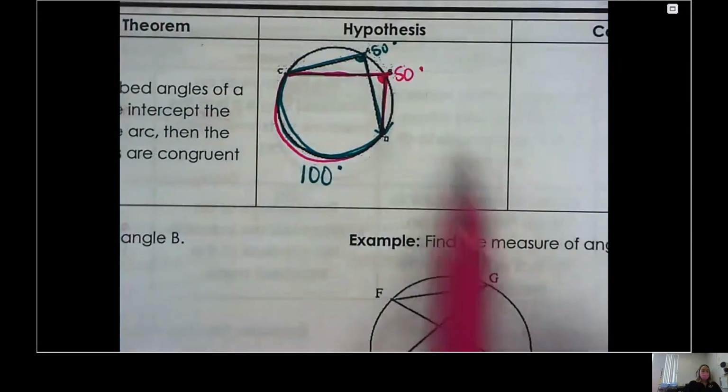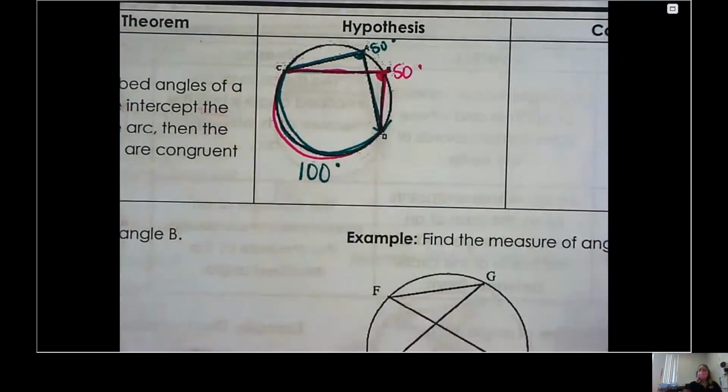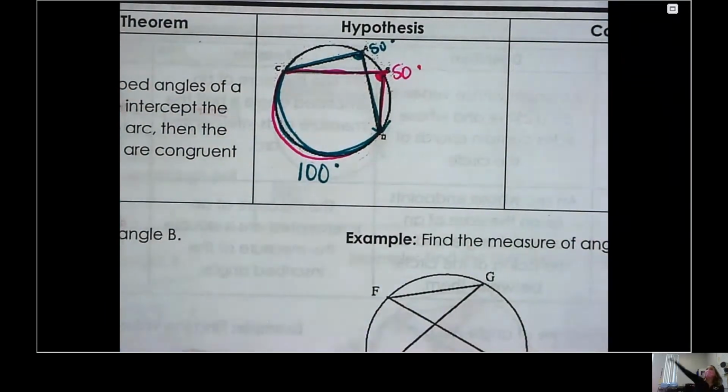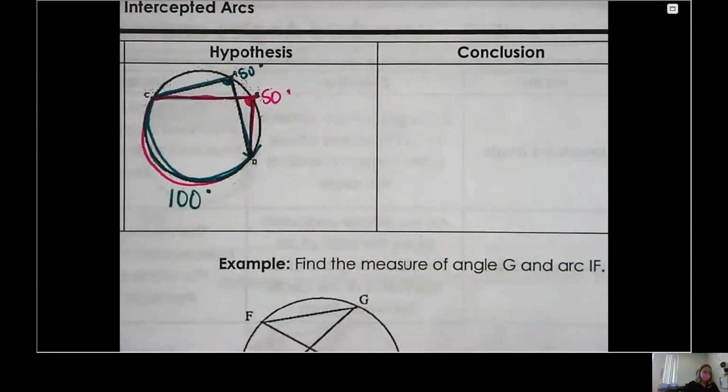Right? So if they're both matching up with the same arc, well, then they have to be exactly the same. And look, a circle is exactly the same all the way around. It's equidistant. So it doesn't matter if I kind of move my angle a little to the right, a little to the left. If it's still opening up to the same spot, then those angles are going to be exactly the same. So here's my conclusion.